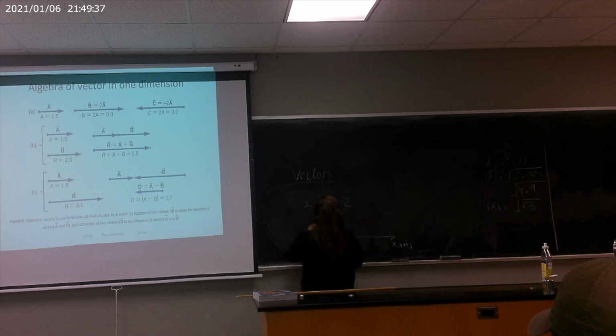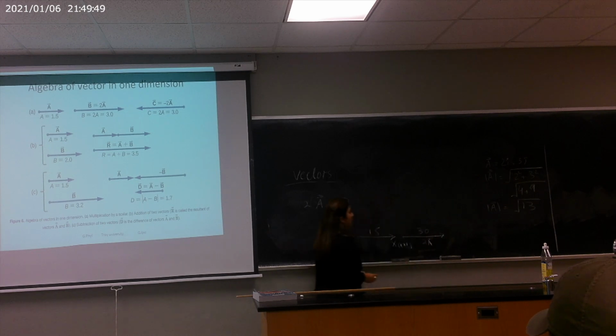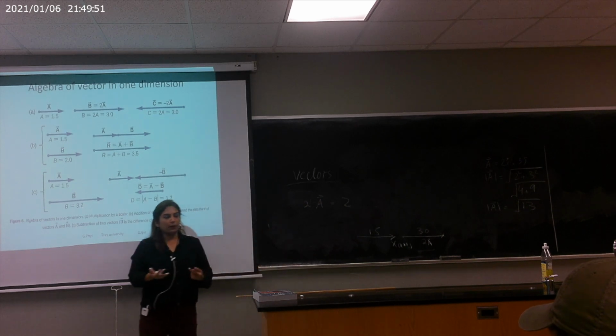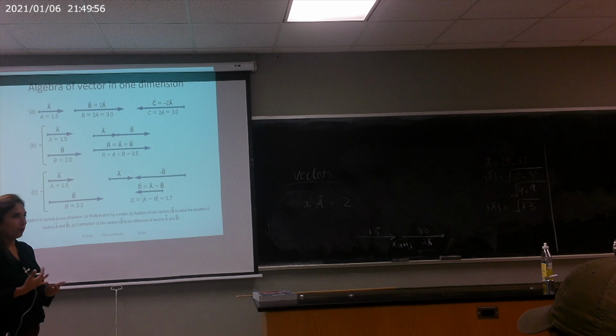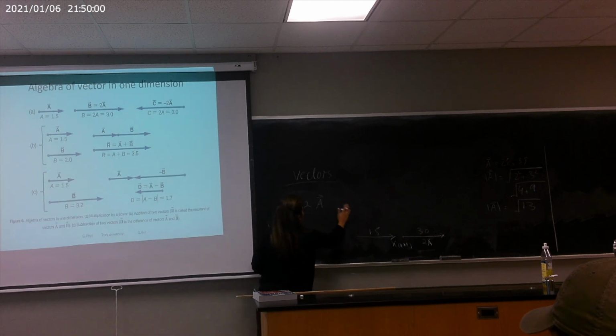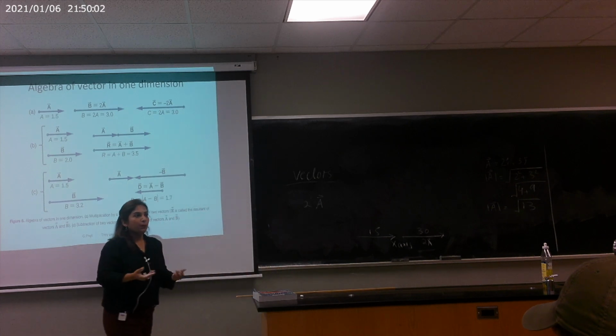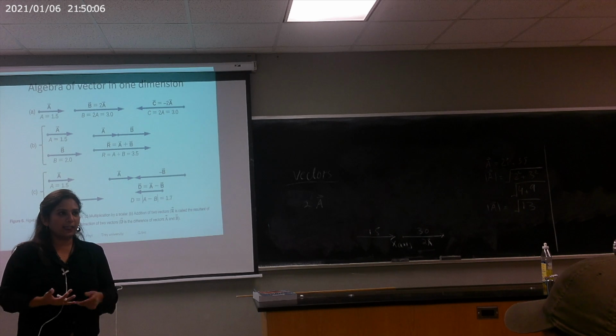So if there is a vector A with 1.5, you multiply it by 2, 3.0. Now it's the vector 2A, however, the length would be double. Will direction change? No. Why not? Because you are just doubling the length. When will the direction change?